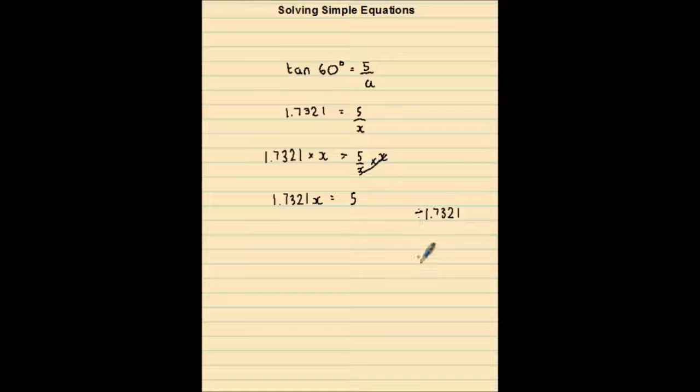You'll remember that having made the decision what we're going to do, we then do this to both sides. So we'll divide both sides. And step 3 is to simplify.